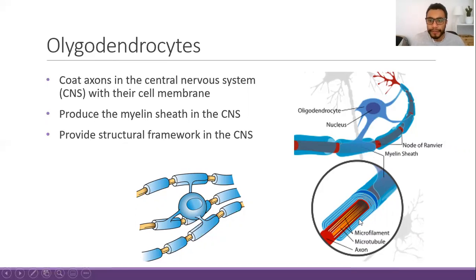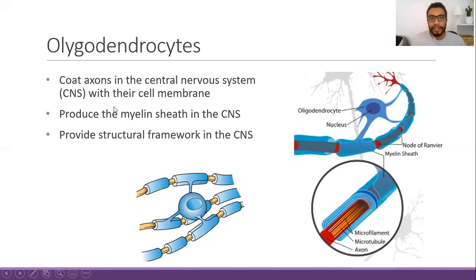As you see here, this is one oligodendrocyte. One oligodendrocyte can be responsible for making this structural framework, connecting up to 50 different neurons in the central nervous system.